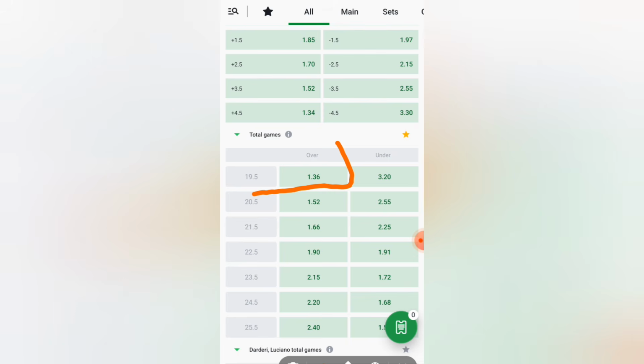Or maybe in the first set they played 6-4, and in the second set 7-5, then we won. But if they played 6-3 in the first set and you predicted the game as over 19, and they played 6-4 in the second set, that is exactly 19.